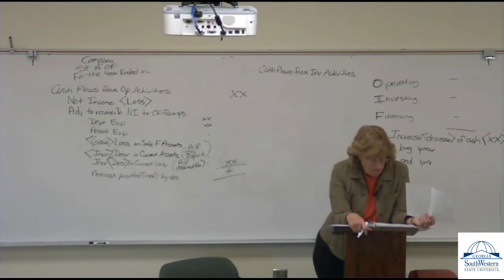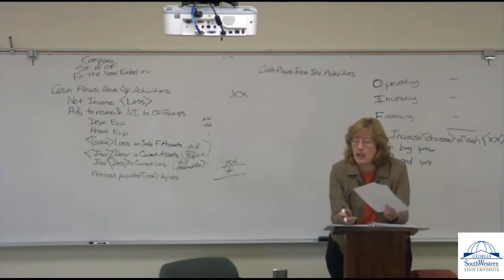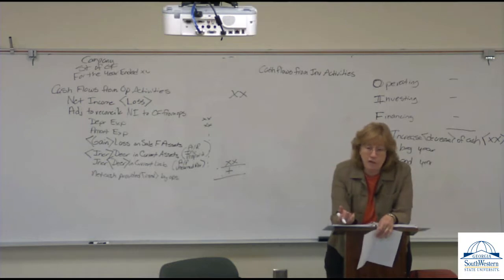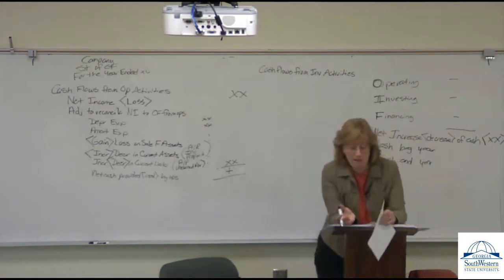This little diagram is telling you that investing activities primarily have to do with property, plant, and equipment. So one way that the company invests in its future is to buy property, plant, and equipment. Like, let's say, for instance, building a building to produce its widgets is an investing activity, okay?